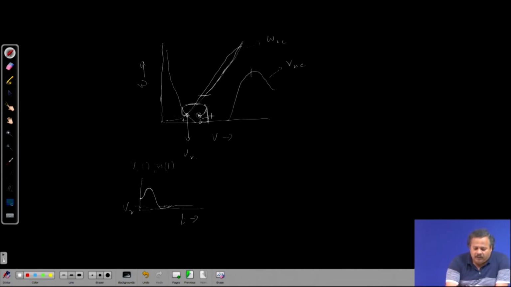And if you keep on moving the starting V to the right, you will see that up to a certain value of starting membrane potential, the system goes to a slightly higher value and then reduces and comes back to the equilibrium point.